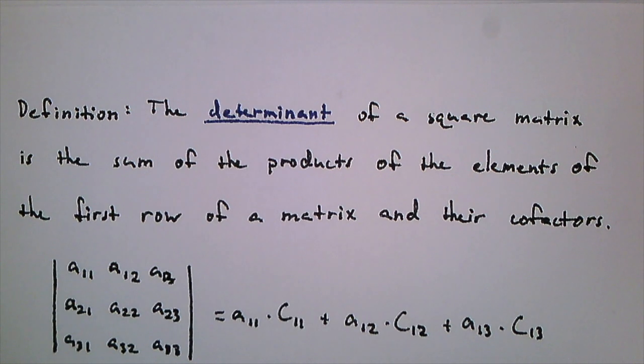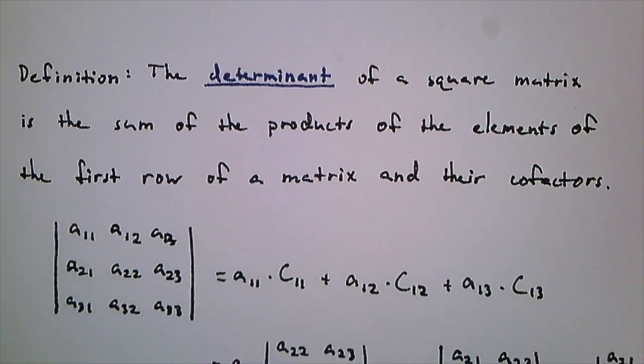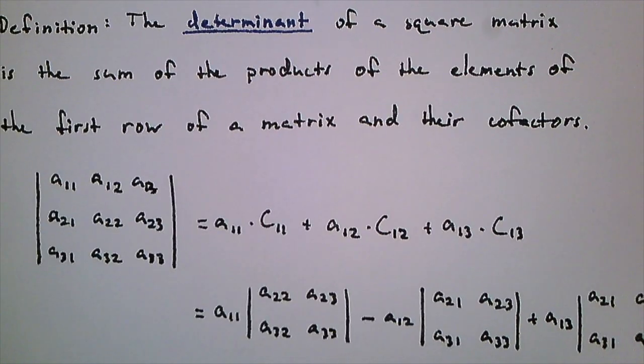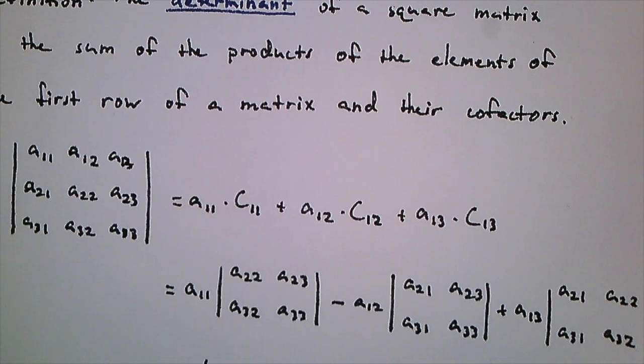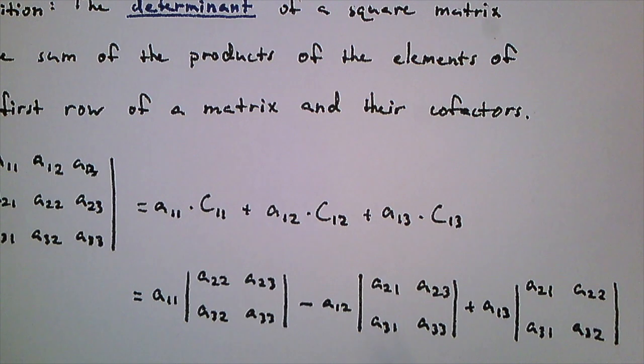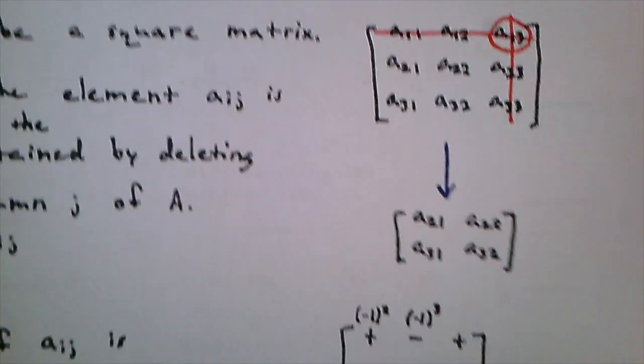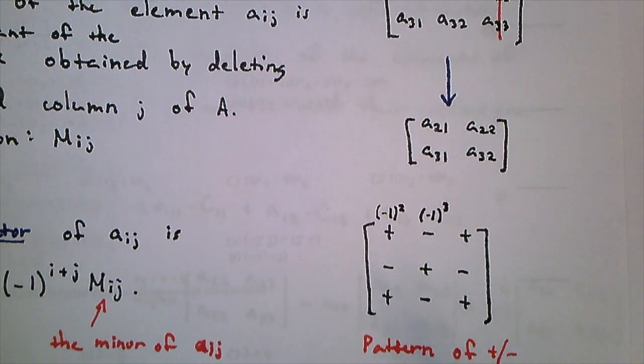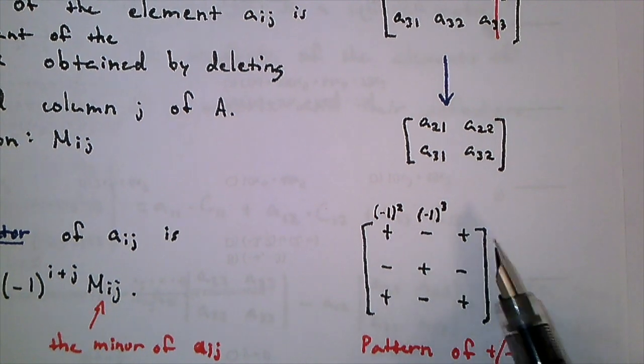Let's work through a little bit about what those cofactors are. So remember, a cofactor is the minor with either a positive or a negative sign on it. And you can think back to the 3 by 3 pattern from earlier, the plus, minus, plus across the first row.